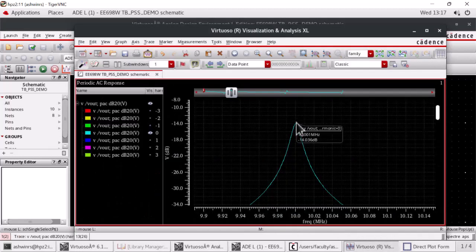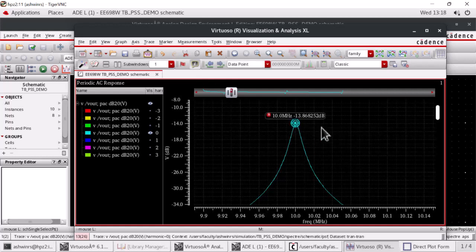So this is, yeah, actually let's look at this gain also, right? Hold on. Yeah, at 10 megahertz, I see that the gain is minus 13.86. So what harmonic transfer function is this? Huh?